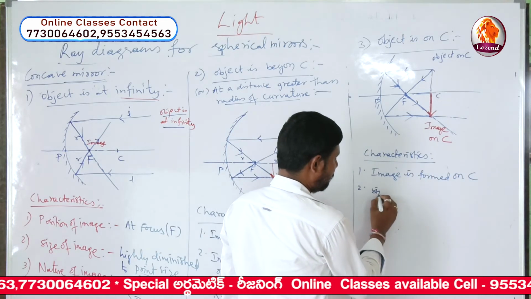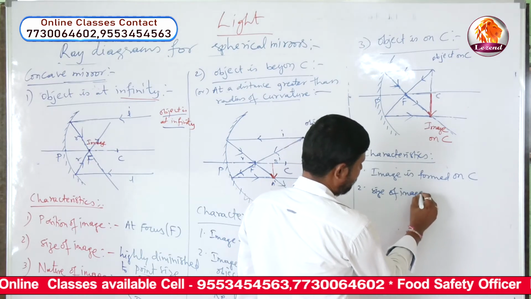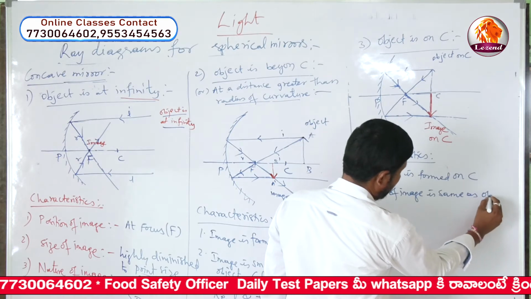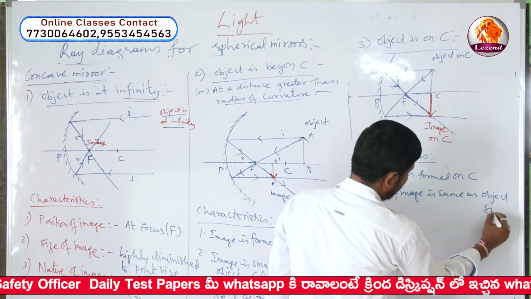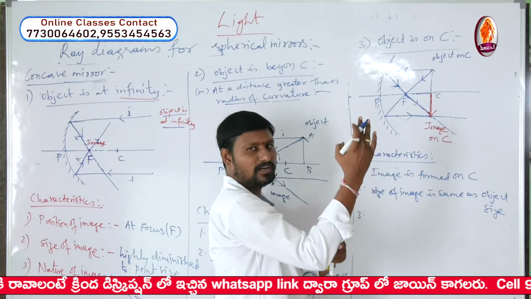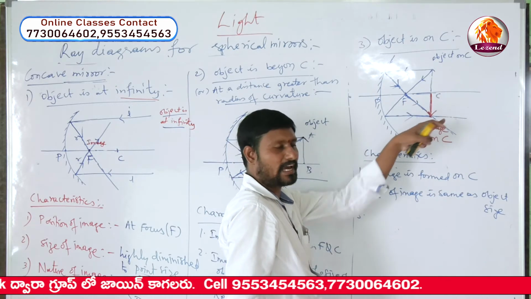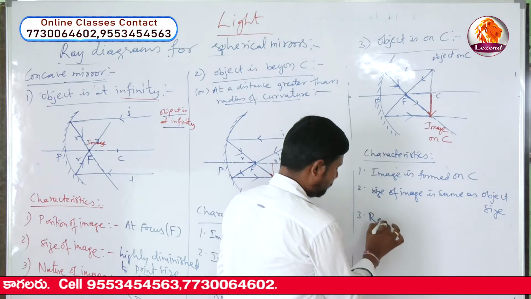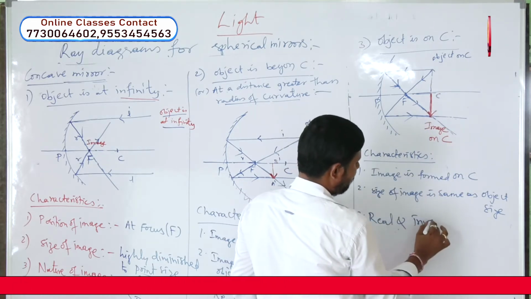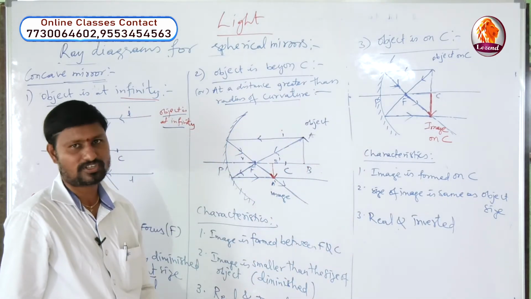So size of image is the same as object size. Number 3, it is also real because the image is formed in front of the mirror only, so we can catch it. So it is real and it is formed below the principal axis, so it is inverted. Real and inverted. So this is the third position of object.